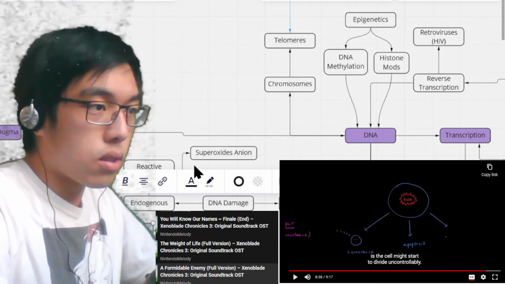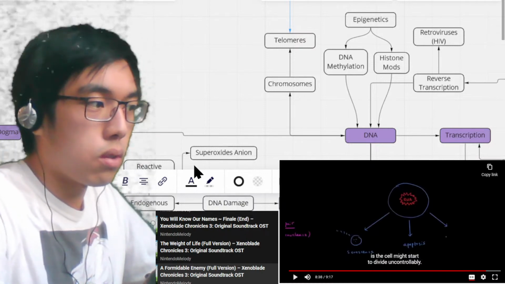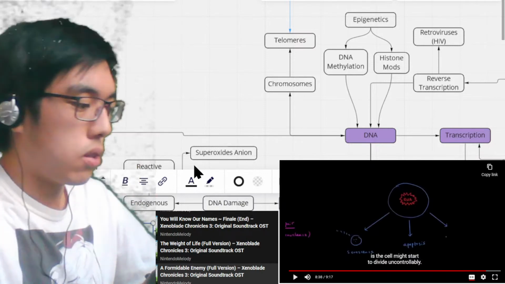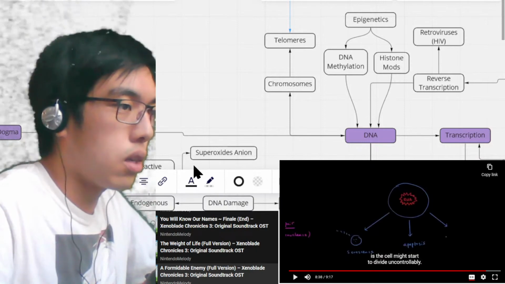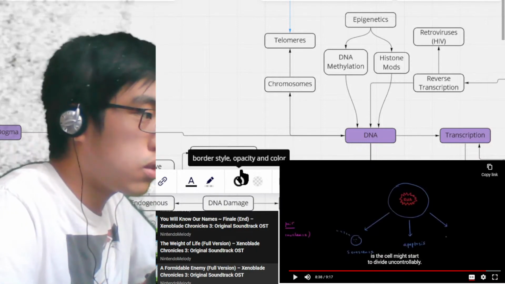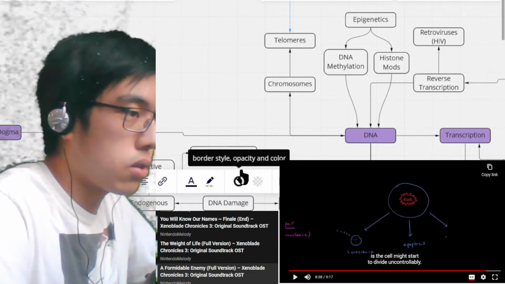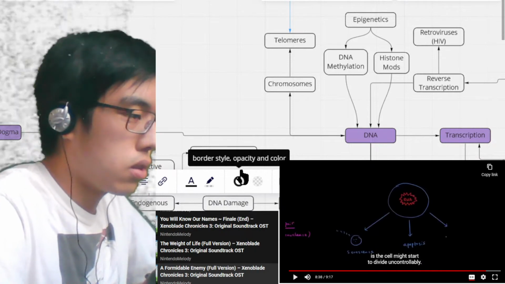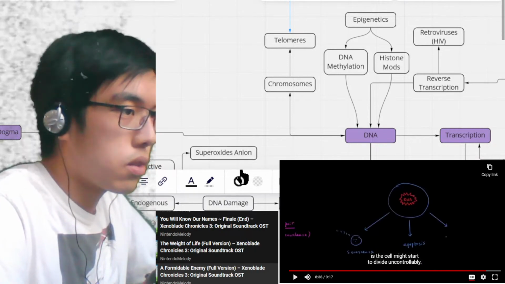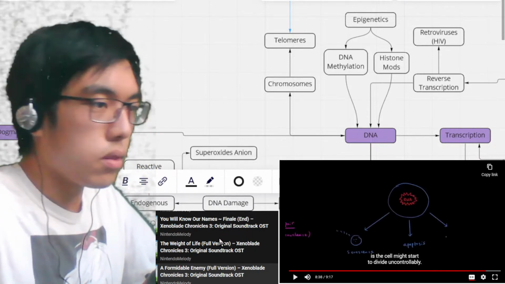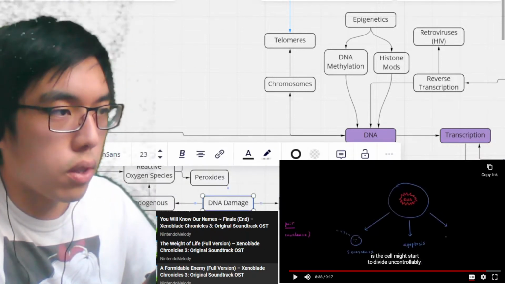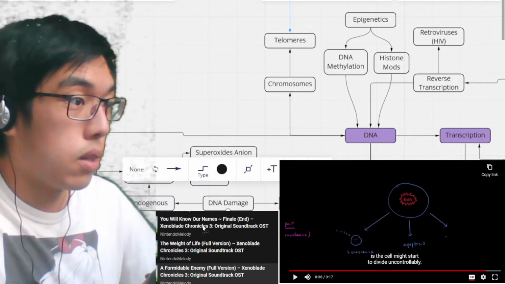I guess all those companies are trying to solve immortality. Very epic. Apoptosis, senescence. Of course, the whole point of healthcare is to prolong life.